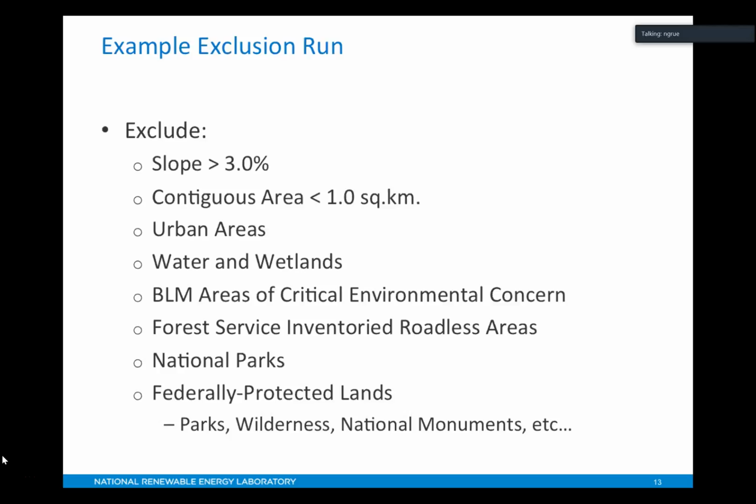For this particular report, we did exclude places like parks, wilderness, national monuments, but you can, of course, come back and change those inputs to allow more areas for development. That'll, of course, change the results and the downstream analysis as well.